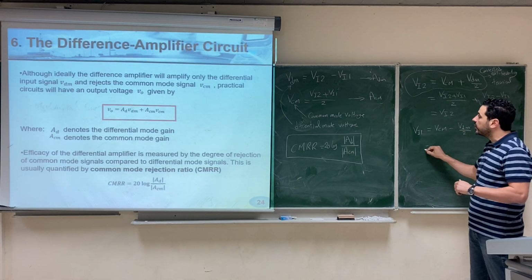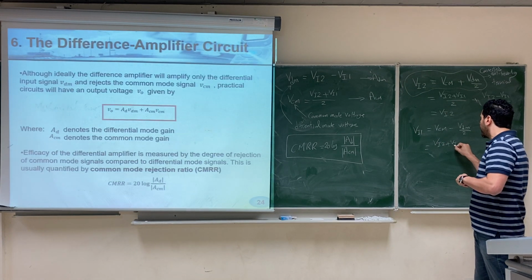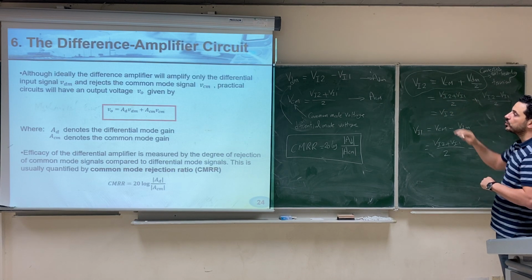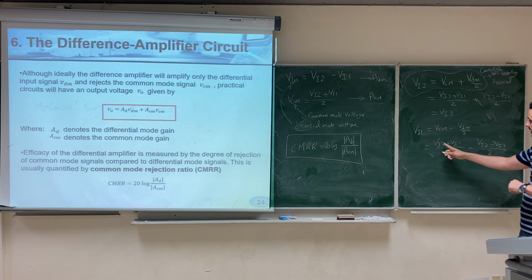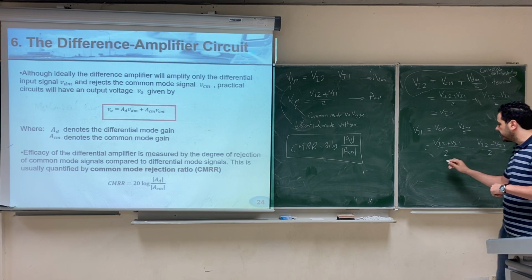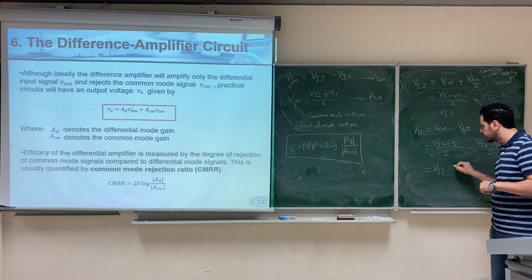Let's make sure. V common mode is V input 2 plus V input 1 divided by 2, minus V differential mode over 2, which is V input 2 minus V input 1 over 2. Here you will find that V input 2 over 2 will cancel with V input 2 over 2, and V input 1 over 2 will be added to V input 1 over 2, so this will give you V input 1, which is correct.